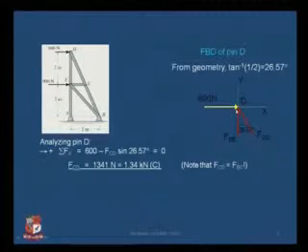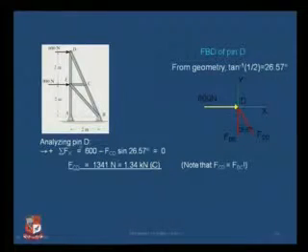So it becomes 600 Newton minus FCD sine of 26.57. Why? Because this is going towards the joint, so my vertical component will be going upward and the horizontal component will be going from right to left, not from left to right. Because I am assuming it to be going towards the point, the horizontal component goes from right to left, which is opposite to 600. Therefore I have put in a minus sign here.